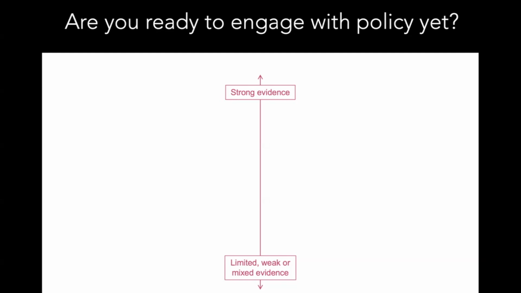Have a think about at least one area. Of course, you can have more than one, but at least one area that you think is policy relevant. And then ask yourself, how strong do you think the evidence is in this particular area? Or to what extent would you argue that the evidence currently is kind of limited, weak, or mixed?